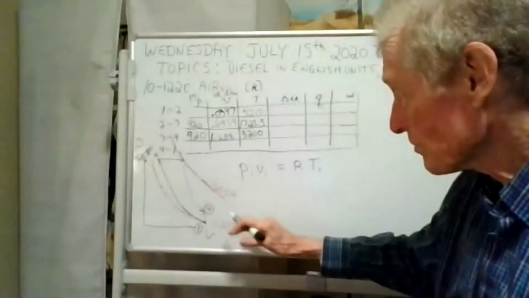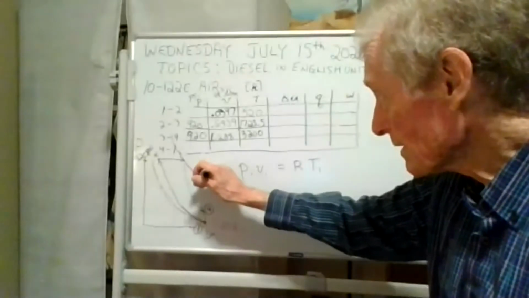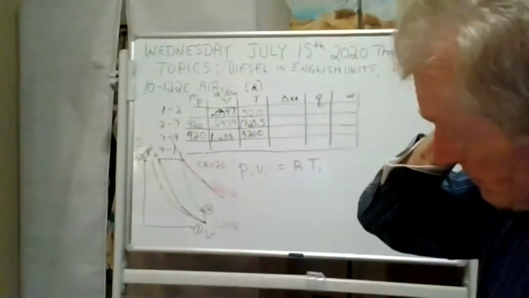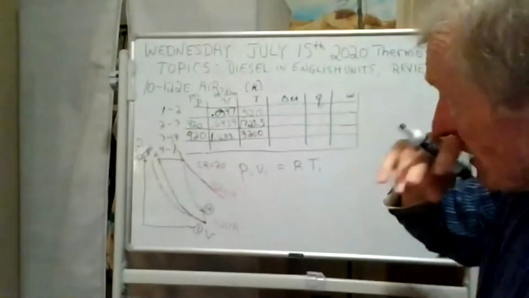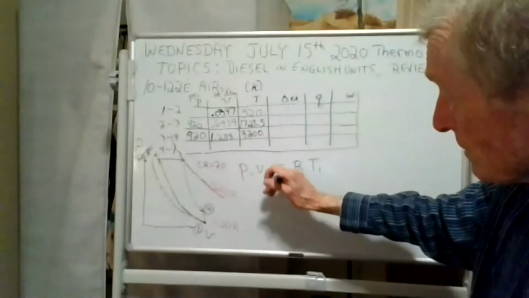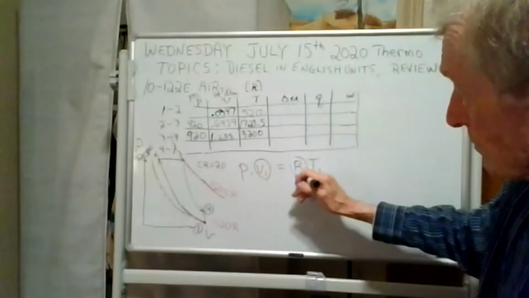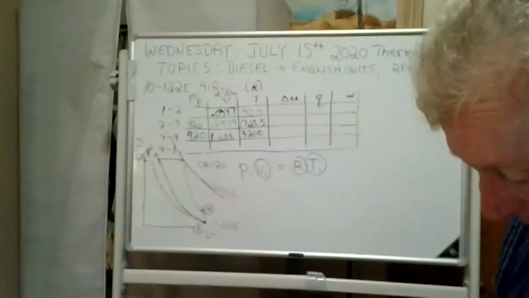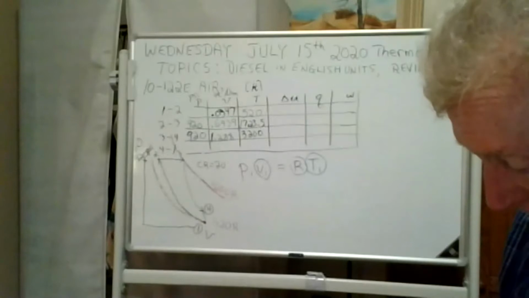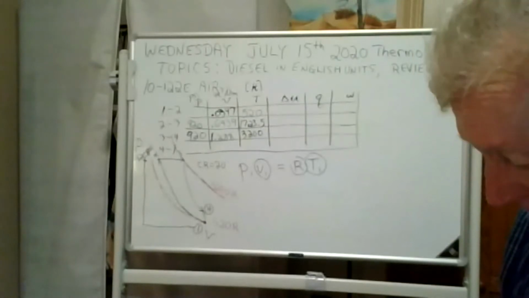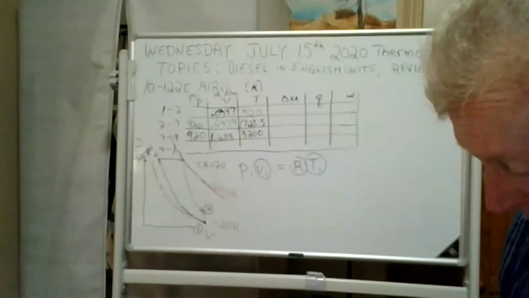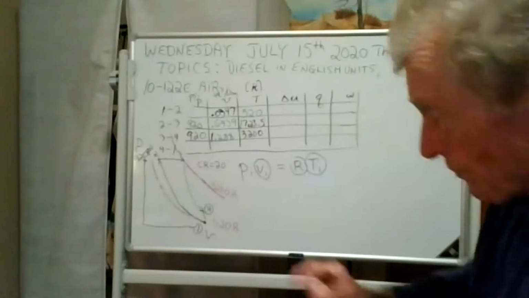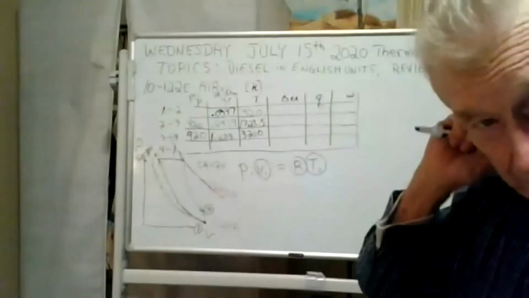The compression ratio was 20. We did that. Okay, right now, I'm finding P1 because I know V1, I know R, and I know T1. I should be able to get P1. Here goes. Don't forget, there's a 144. You got to put that 144 in there or it doesn't work too good.